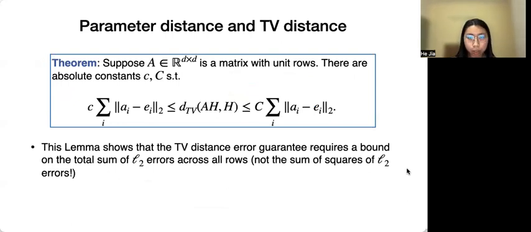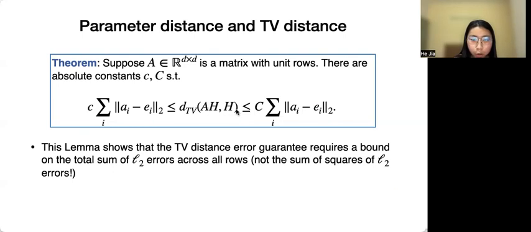Now let's see what the relation is between parameter distance and TV distance for parallelepipeds. We first assume A is a matrix with unit rows. So A can be a rotation matrix. A rotation matrix will have unit rows, but the rows of A may also be not orthogonal to each other.